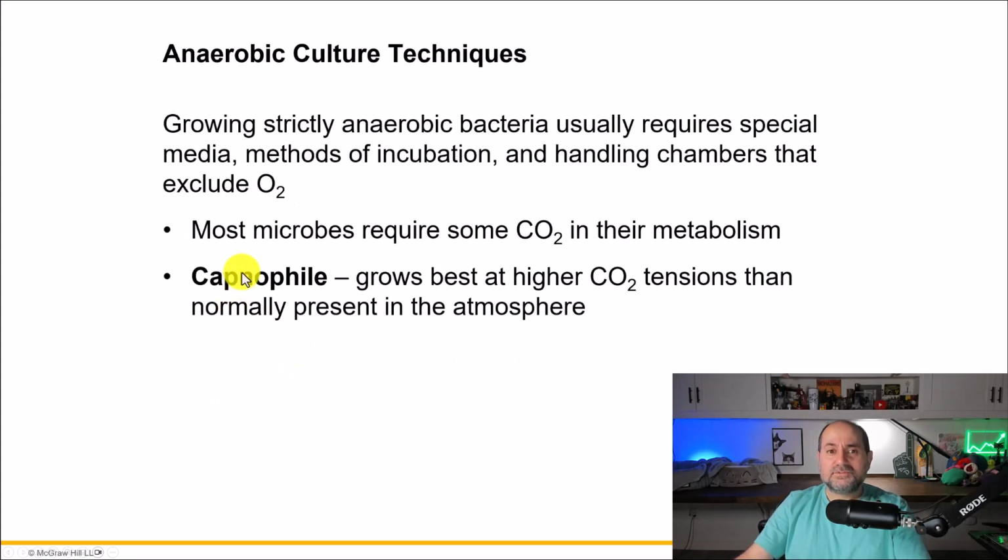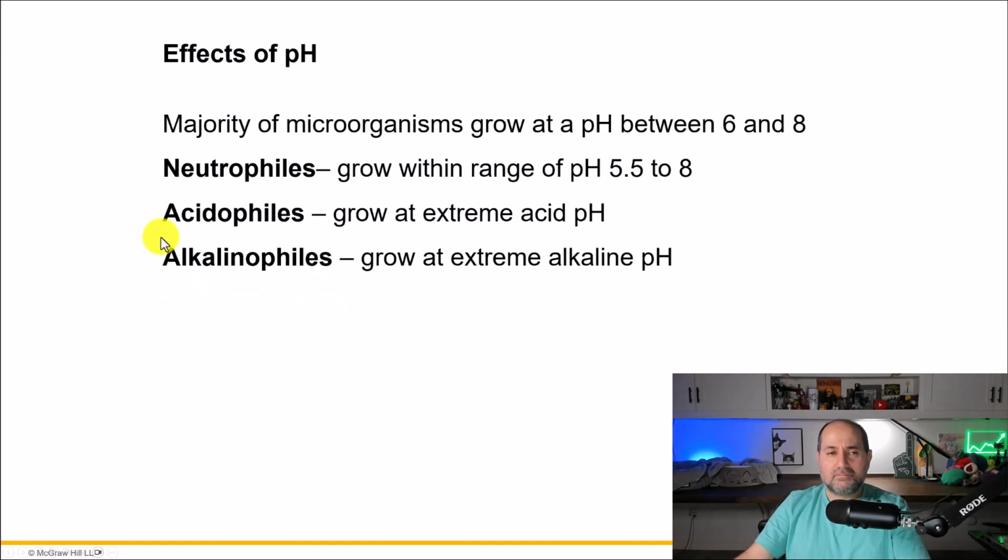Now, some microbes are strange. They require some CO2 in order to grow, and these are called capnophiles. Capnophiles grow best at higher CO2 levels. And did you know microbes also vary in the type of environment they prefer in terms of pH? So some microbes grow best near neutral pH.